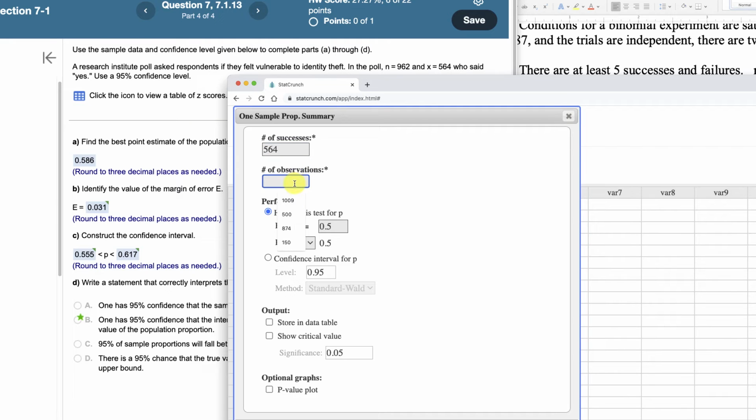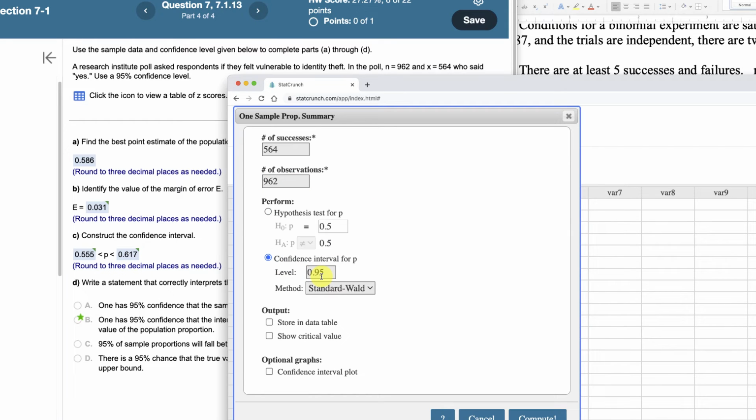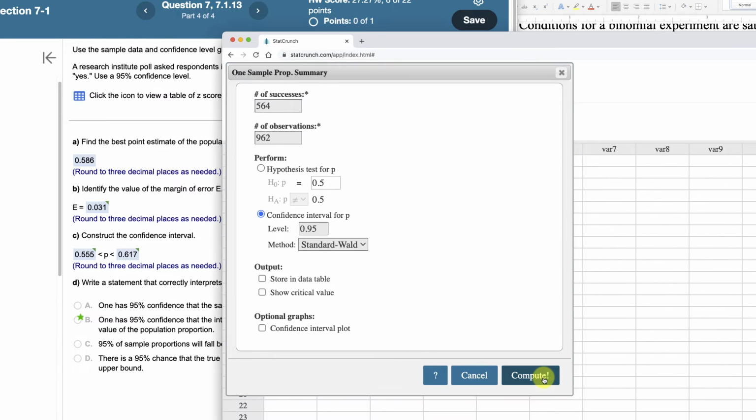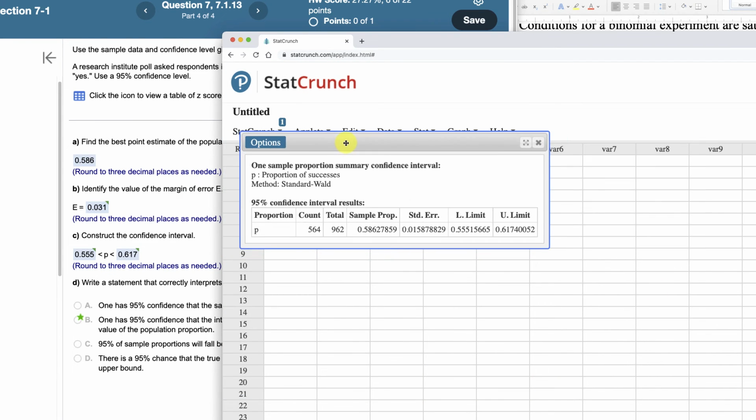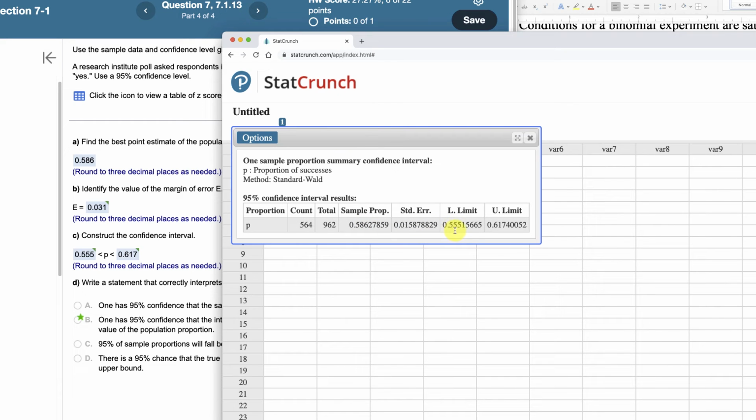Number of observations, 962. The confidence level, 95. Click compute. We get the lower limit, 0.555, and the upper limit. So that was pretty fast, right?